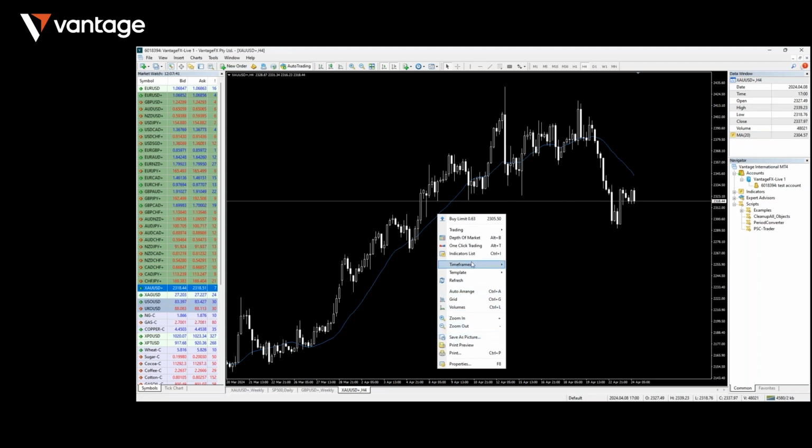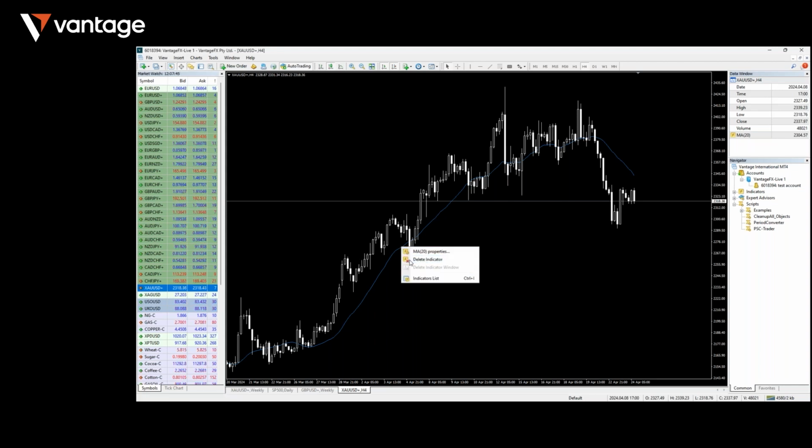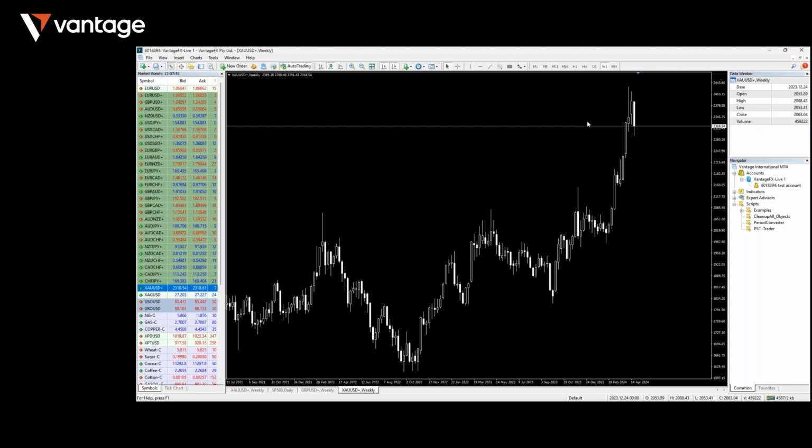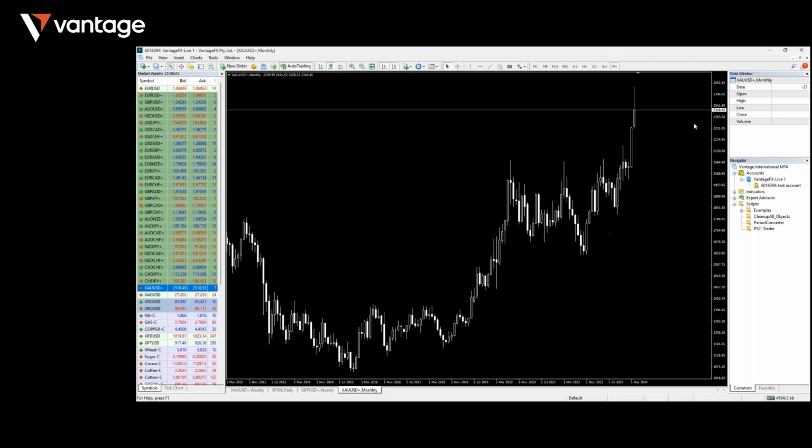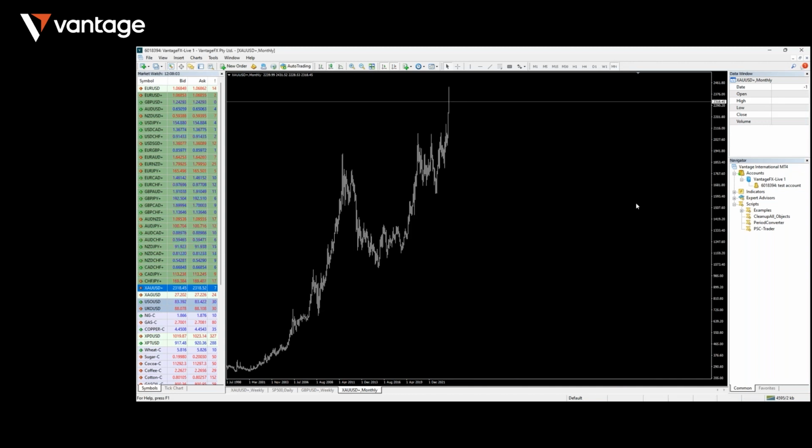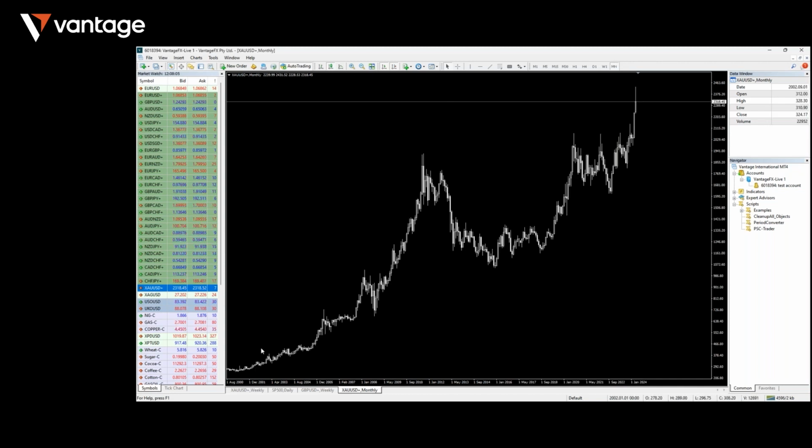So part of the reason that I'm showing this without color is because I want to illustrate a point here. I want to show you that before charts even existed, before candlesticks existed, it was always about price. So if we go back and have a look at gold over the decades, we can see here currently with this amount of data, we can go back to sort of 2001.